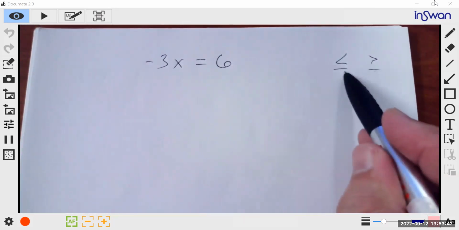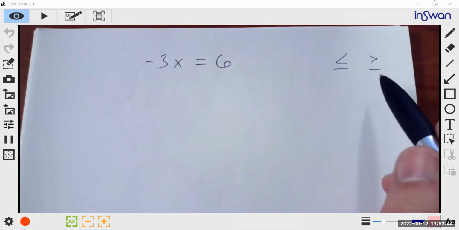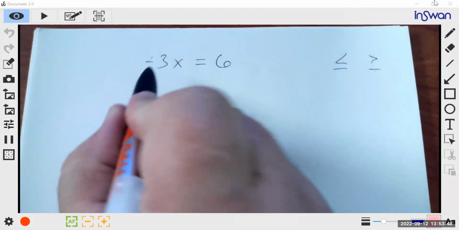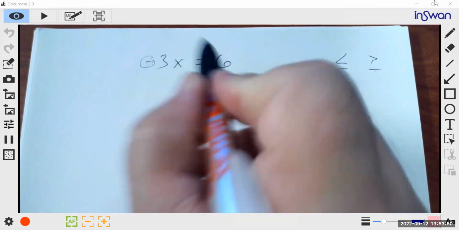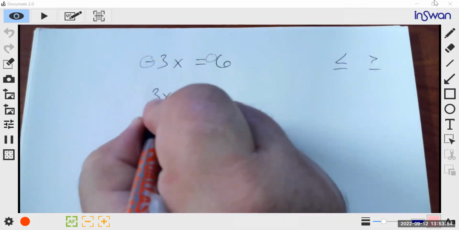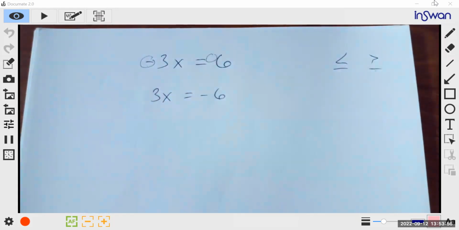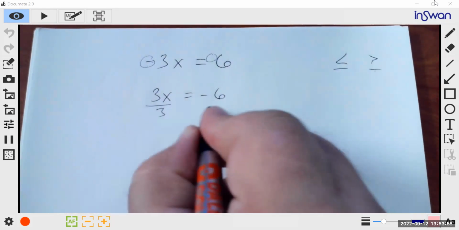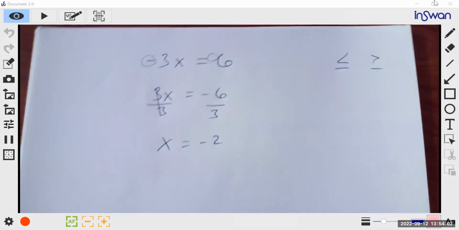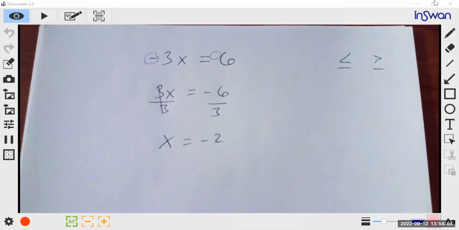You're going to get that mixed up with the negative sign. So treat the signs first and then the numbers. Since this is negative, change all the signs across the equation. 3x equals -6. And then divide by 3. x equals -2. So that's what we did earlier. We solved for equations.